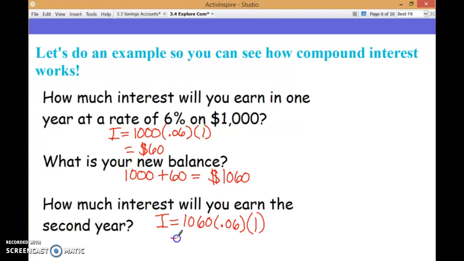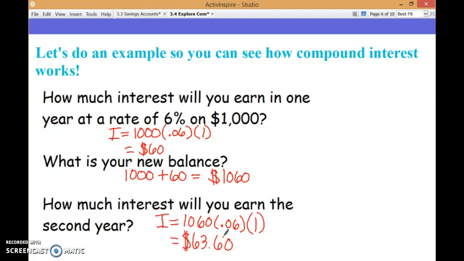So again, I'll plug this into my calculator, and it looks like my interest is going to be $63.60. Again, this is an example of something that would be compounded yearly. My principal is going to be adjusted every single year.